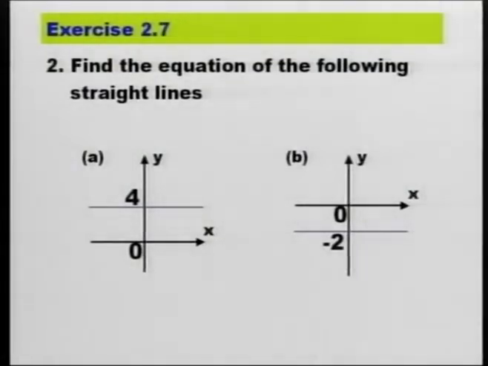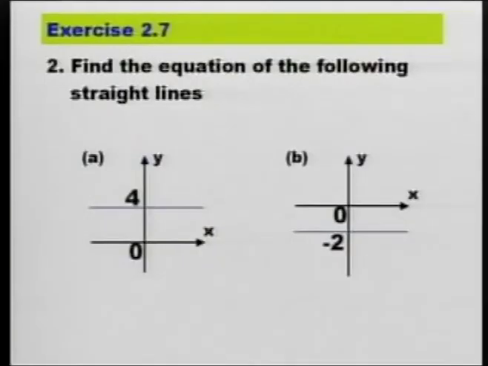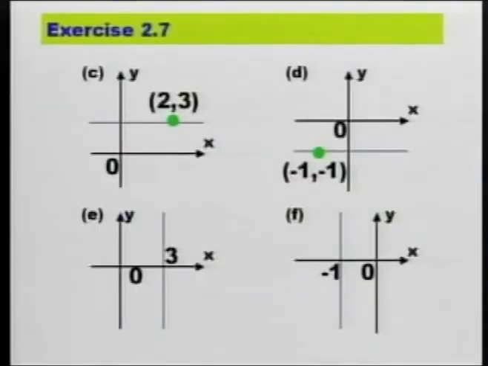Okay, Gabriel, Chakumai, equation for 2A, please. y equals 4. For 2B, Agnes. y equals -2. Ponrile, C. y equals positive 2.